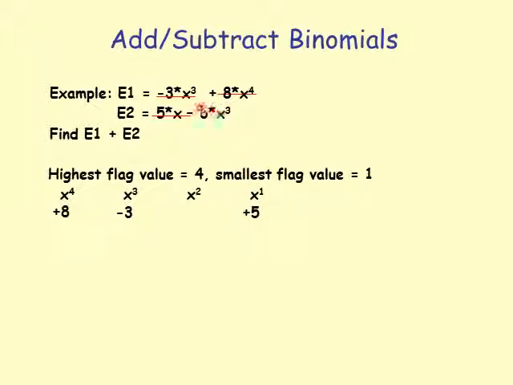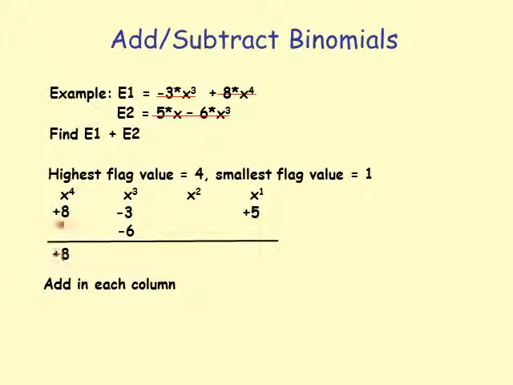Next is minus 6x cubed. Flag value is 3. So it's going to come in this column here. So we get minus 6 here. Now we would add the numbers in each column. This is 8, only one digit here. So plus 8 is the value. So the result has a plus 8 times x fourth. Next is minus 3, minus 6.